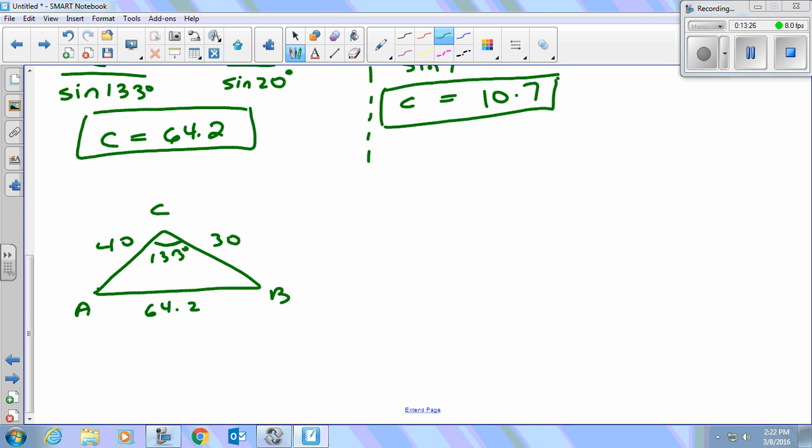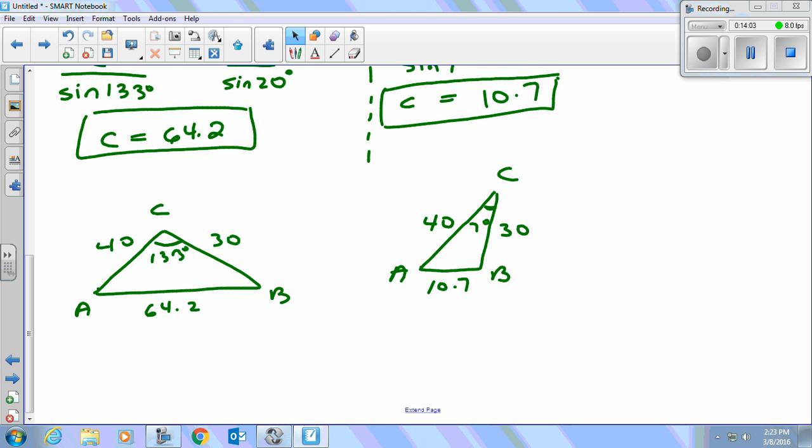Okay, in the second case, I need to make that smaller. I've got my ABC, and B is 40, A is 30, C is only 10.7, and angle C is only 7 degrees. Okay? And that's it for the law of sines.